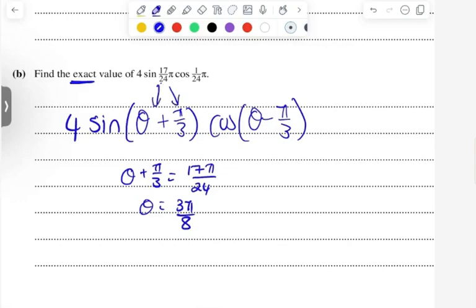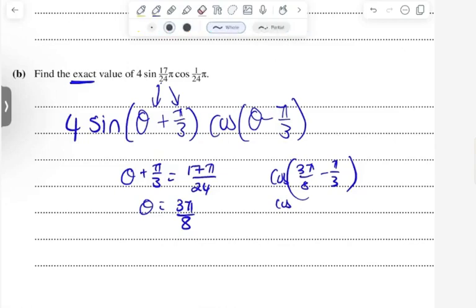Okay, and I just want to see, does it hold? So cos 3 pi over 8 minus pi over 3, does that give me 1 over 24? It does. Okay, right. So you just have to kind of figure out the puzzle piece here, okay? The first thing that I saw was that these are different numbers.